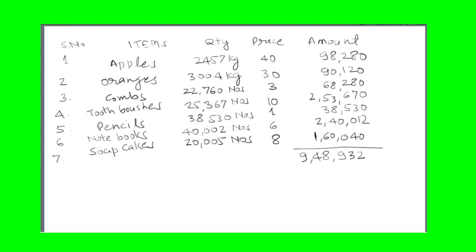Now we have to arrange the entries of the amount of money received in descending order. So in descending order we get the amount, highest first.